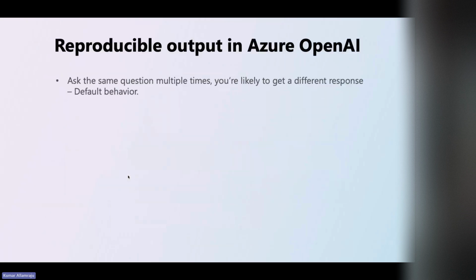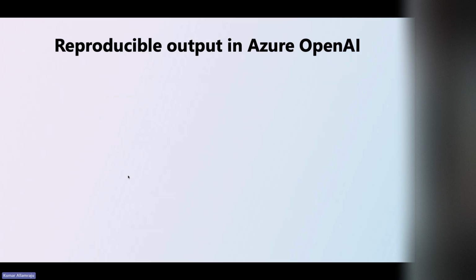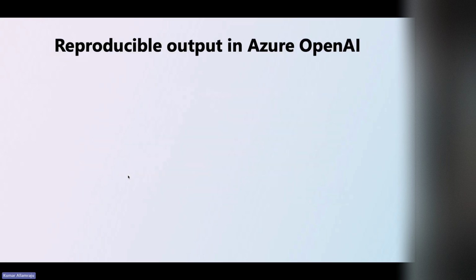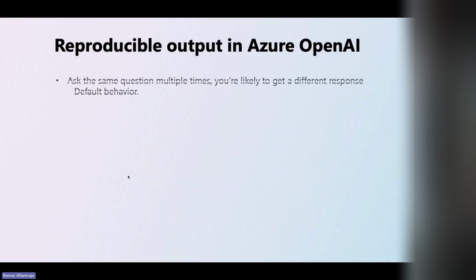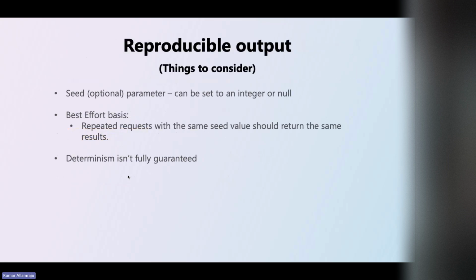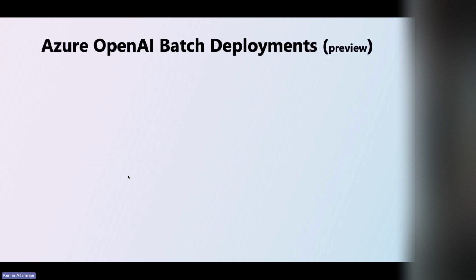We also introduced regional versus global options, if you have some flexibility of running your inference tasks in any of the Azure regions. In the last month, we also introduced reproducible output, which can give you a deterministic output for your prompts. We don't guarantee it, but we are getting there, as you have seen in the demo. You need to play with it, play with the right questions. Although I just asked one simple question, right?